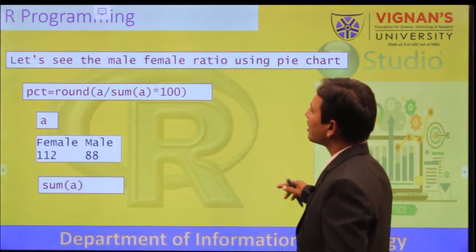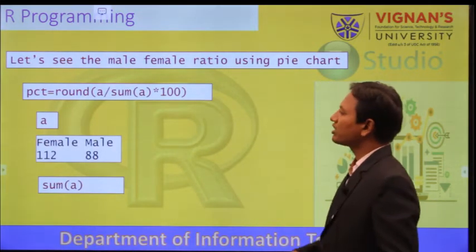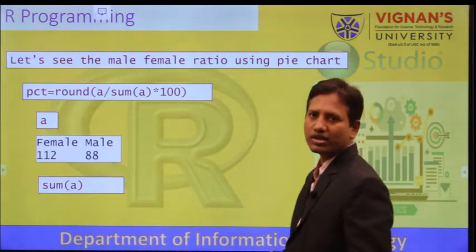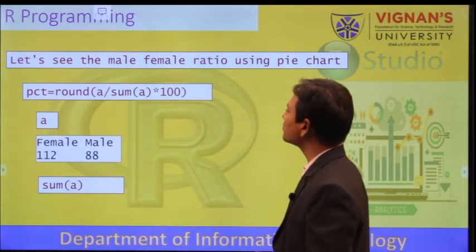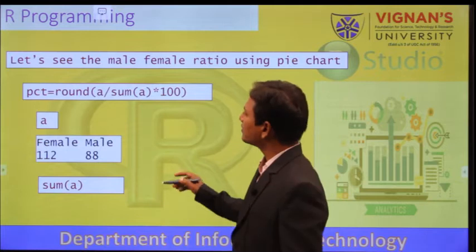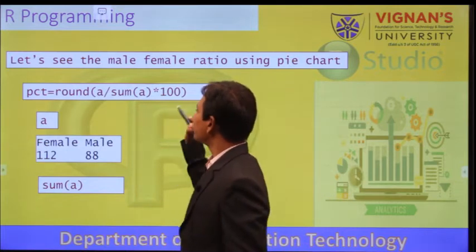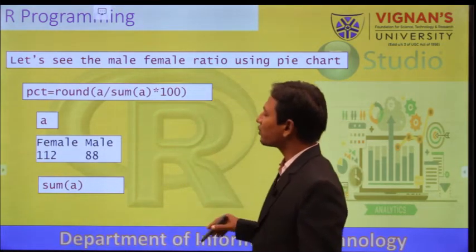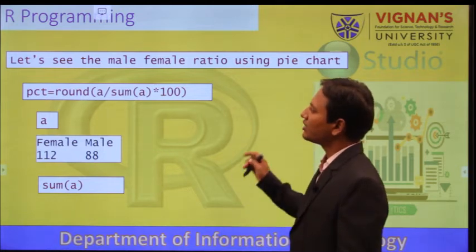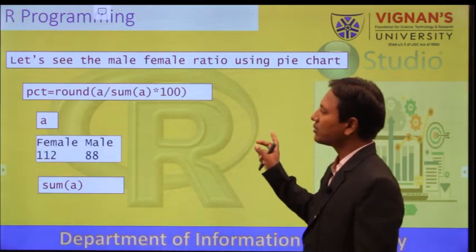With the help of a pie chart, we will see that one. In a pie chart, we are going to use some percentages, and using that we are going to see the pie chart.